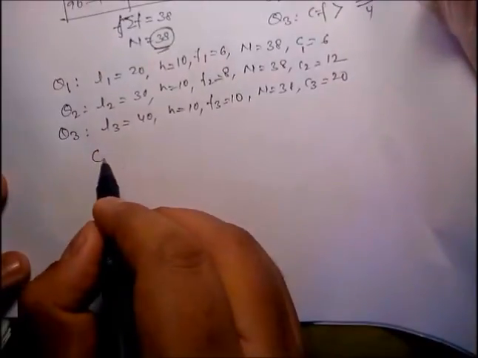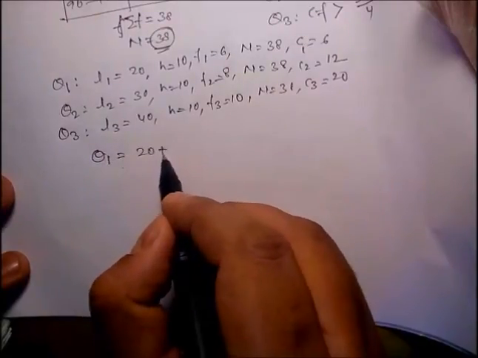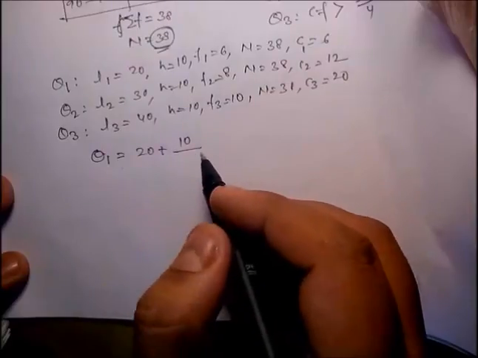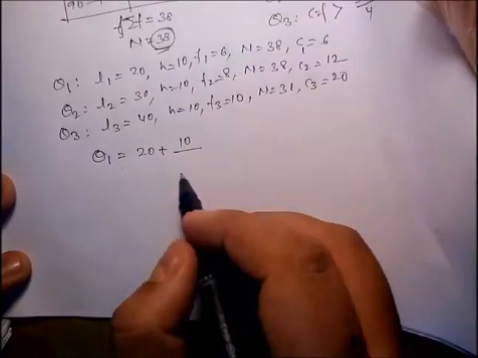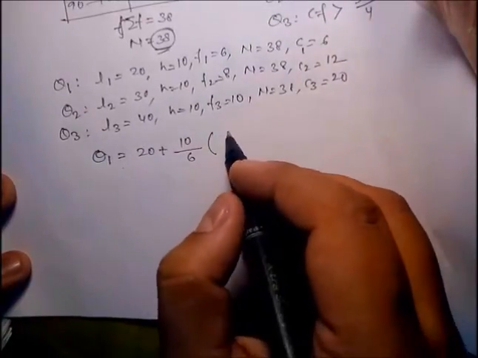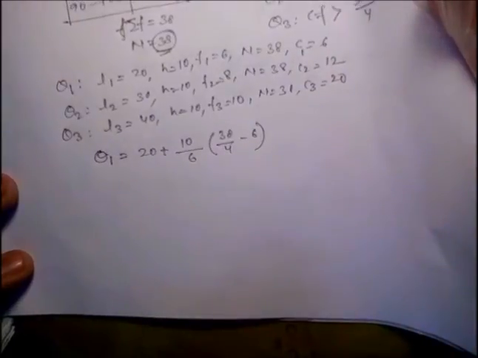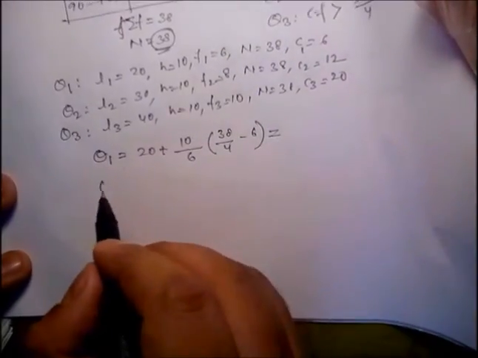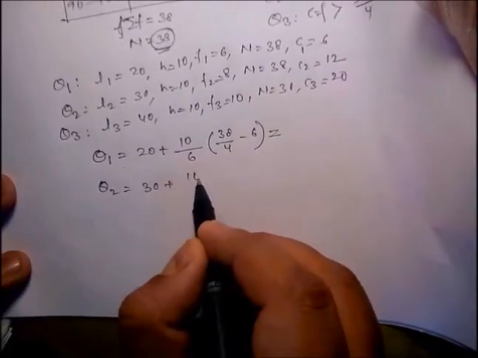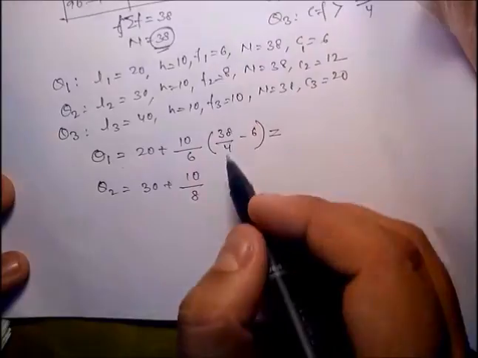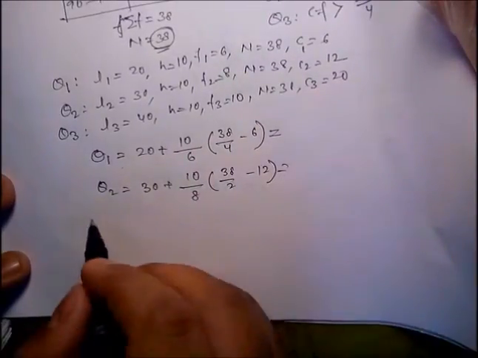Q1 is equal to L 20 plus H 10 by F1, which is 6, into 38 by 4 minus 6. Similarly for Q2, it is 30 plus 10 by 8, into 38 by 2 minus 12.